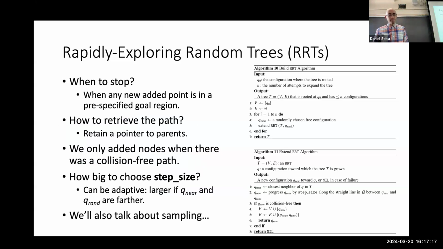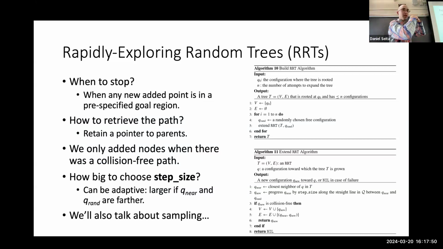All right, so when do we stop RRT? We can keep expanding the tree, right? But if this is mostly for a single query, then you might as well stop when you sample a point that is in your goal region. Because if you have that, then you're basically done, since by the construction of the tree, you've already got your path from start to end.